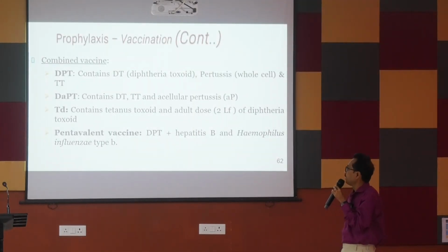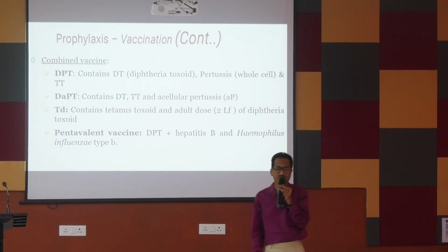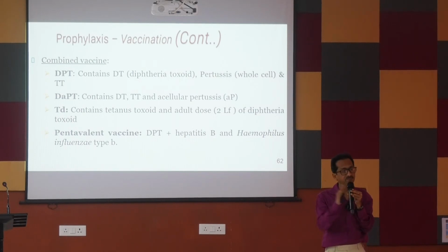DPT: diphtheria, pertussis, tetanus toxoid; or diphtheria, tetanus toxoid and acellular pertussis. For adults, a low dose is given, that is Td. Td means after 6 years you cannot give DPT. That's why I was asking for the schedule.